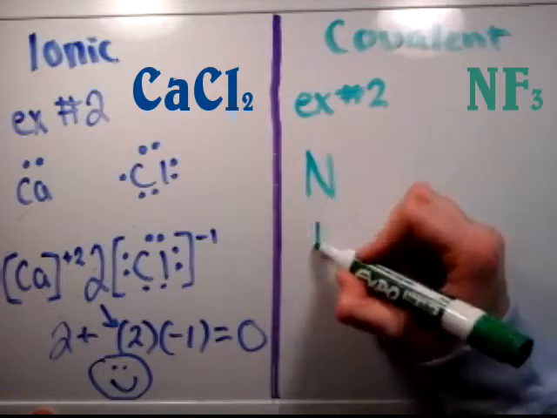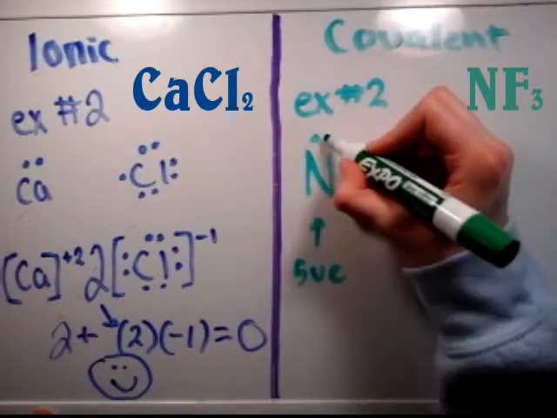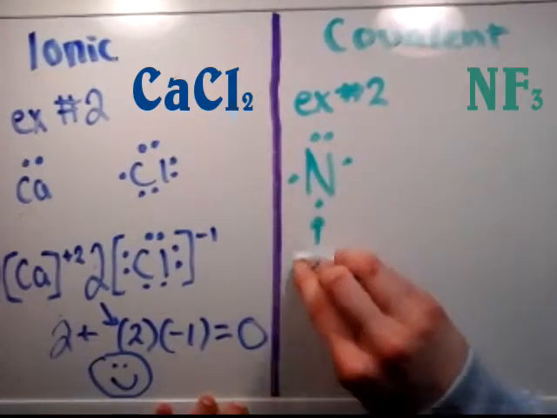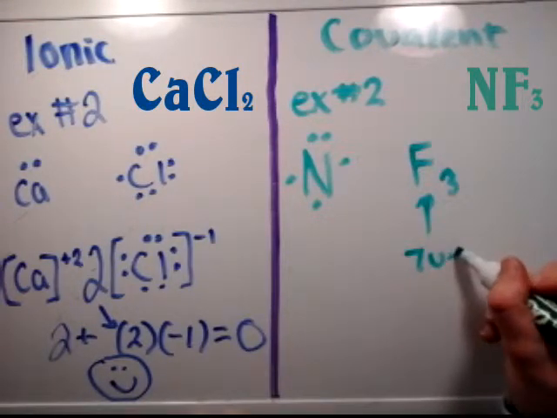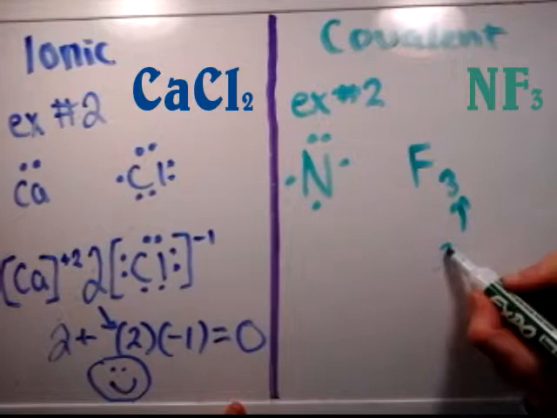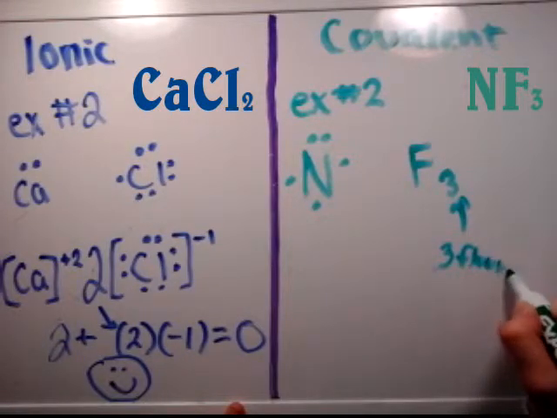Nitrogen trifluoride. Nitrogen has 5 valence electrons. Fluorine has 7 valence electrons. And there are 3 fluorine atoms.